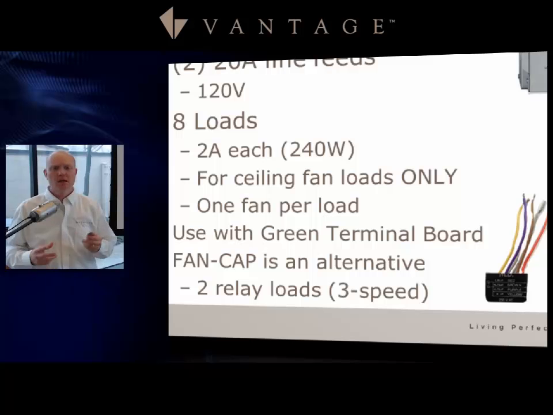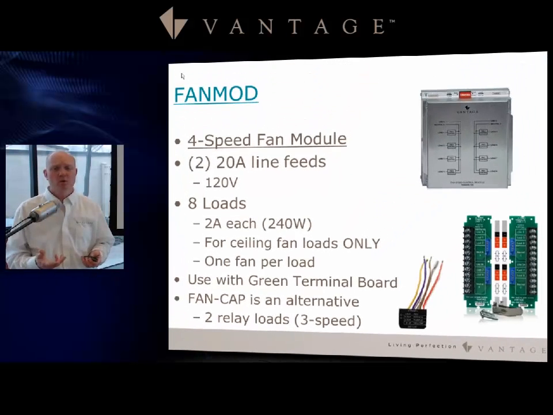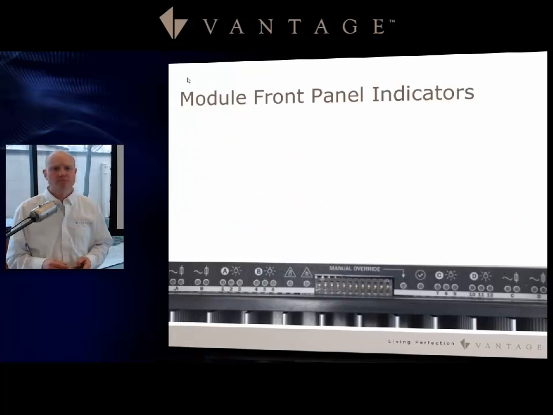So that's another piece that you can utilize. Really it just depends on whether I've got extra loads on my relays as I'm designing the system, or if I'm going to have only 3 or 4 fans on a project or in a certain panel, then maybe utilizing that space with a fan module may not be the best alternative.